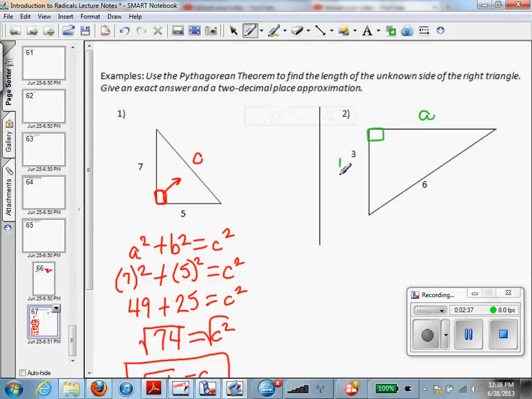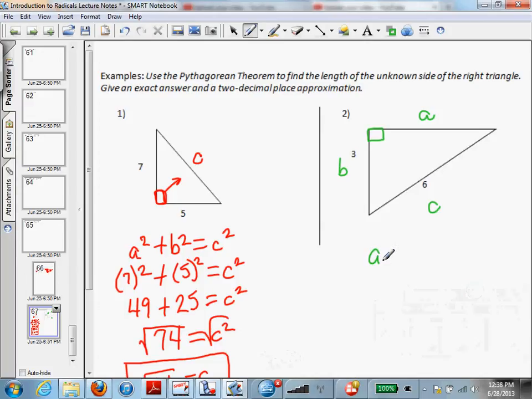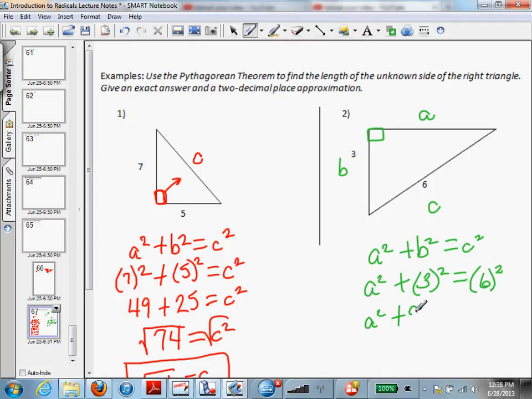We can refer to this as A and B and C. So if we use our formula, a squared plus b squared equals c squared, we know that we're solving for a, with b, which is 3 in this case, squared equals the c squared, which is 6. So let's solve. A squared as it is, plus 3 squared is 9, equals 6 squared is 36.